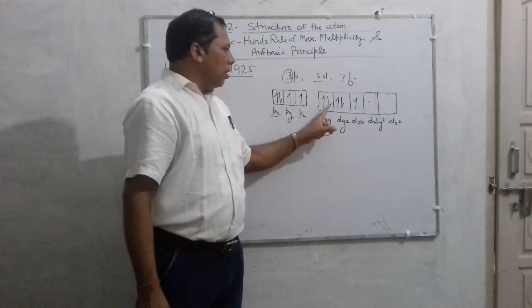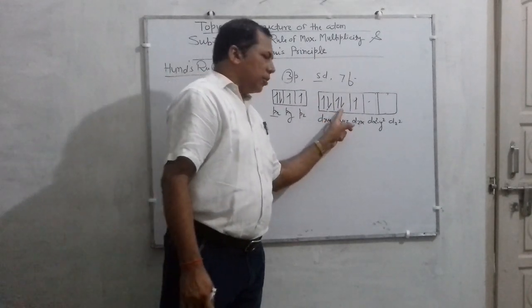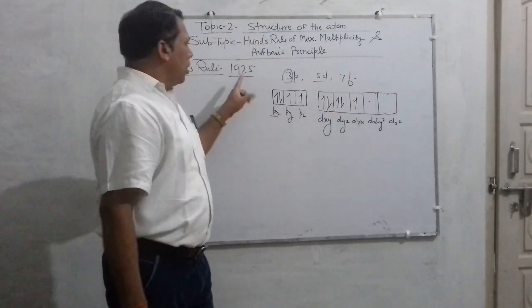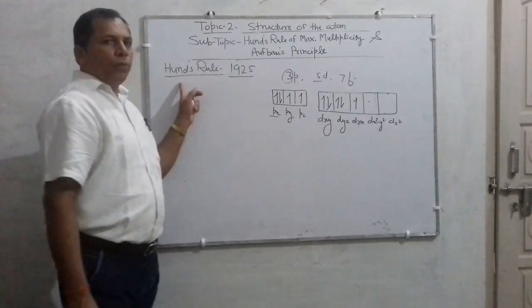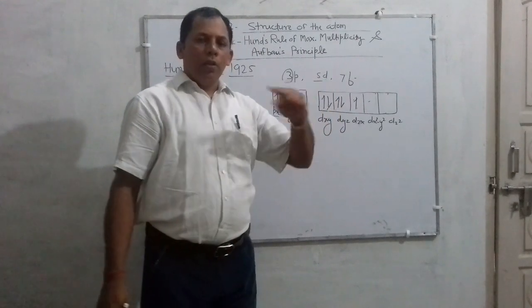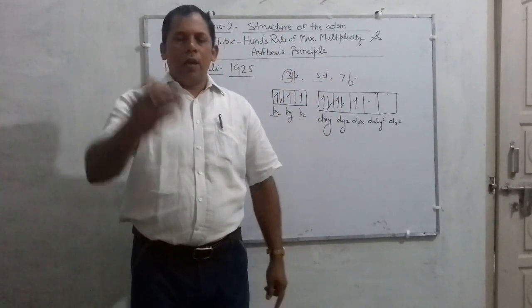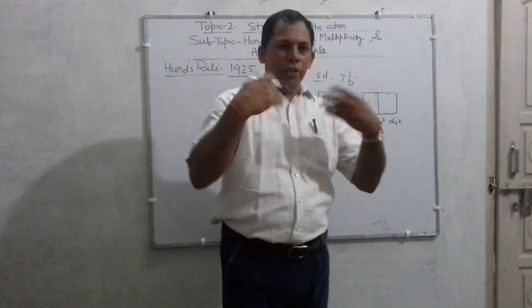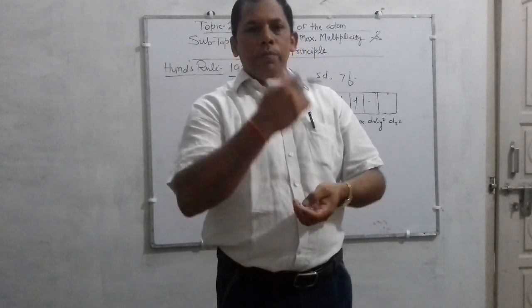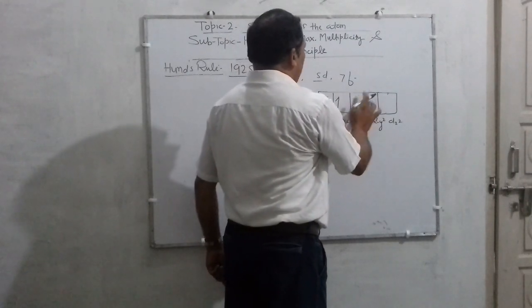To prevent such problems, this rule was proposed: electrons in orbitals first fill one by one, and after each orbital has 1 electron, they make pairs.